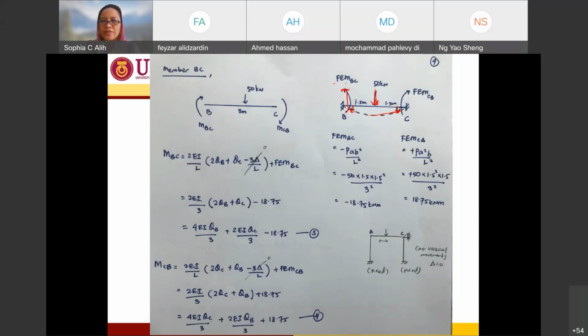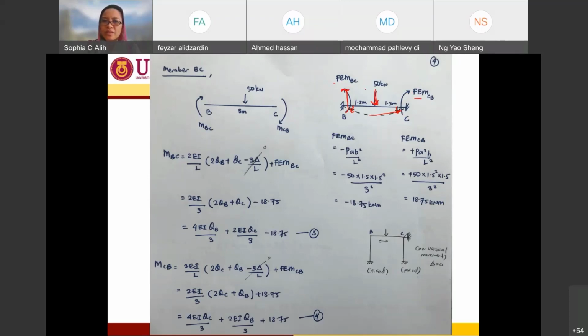So I noted it as FEMBC. Okay, so it's going to be counterclockwise, and since this one is in this direction, so in order to push it back to the original position, I will have my fixed end moment acting in a clockwise direction. So I notate it as FEMCB, right?